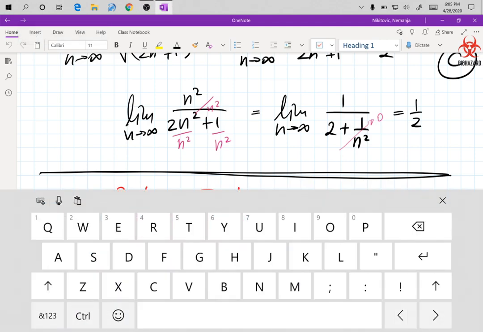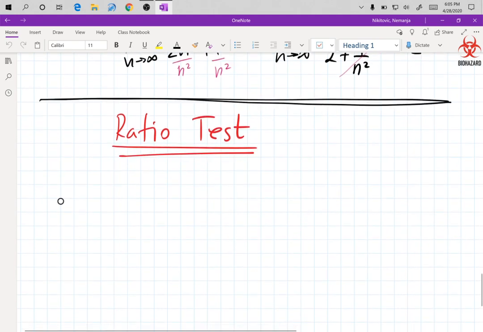Calculus 2. Calculus 2, section 10.7. This is our second part for the ratio test, one of the most important tests.